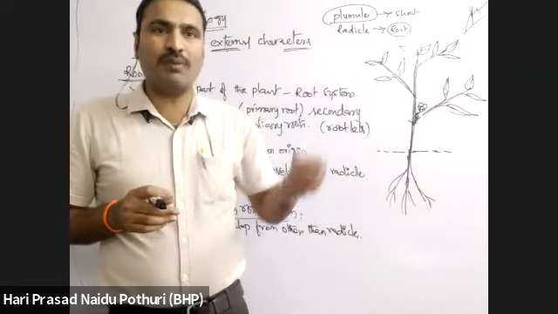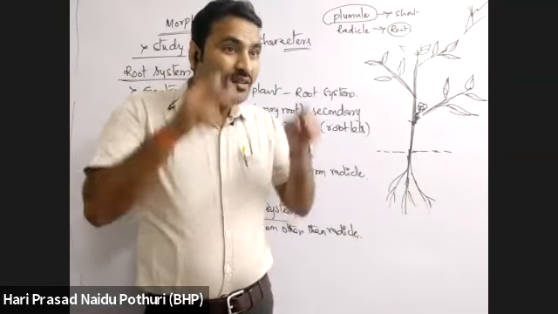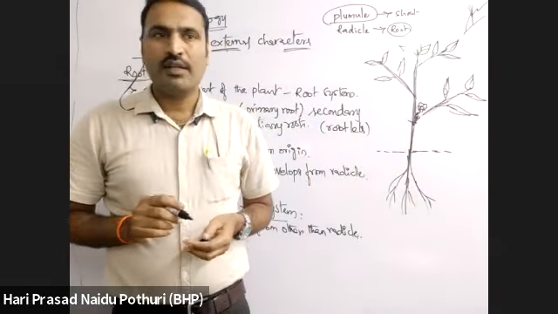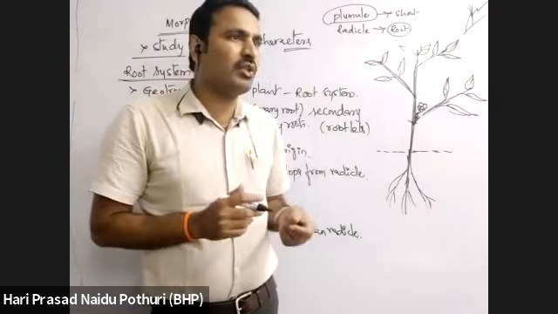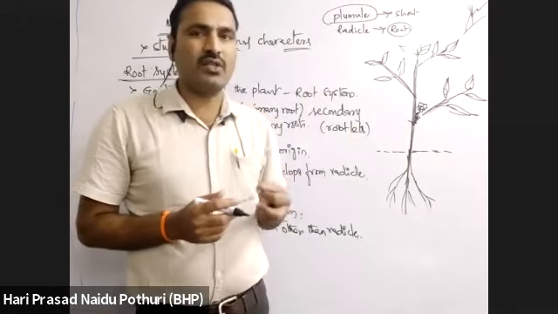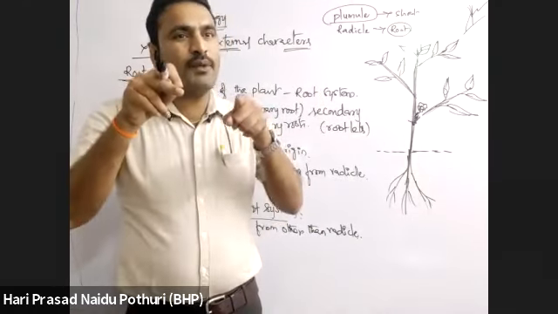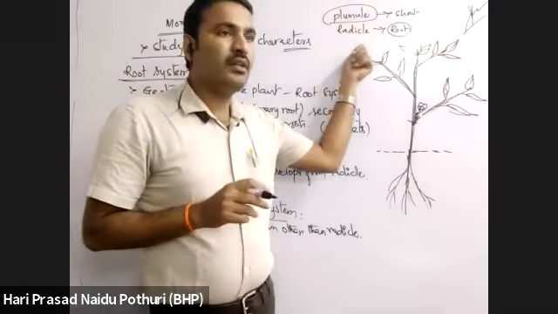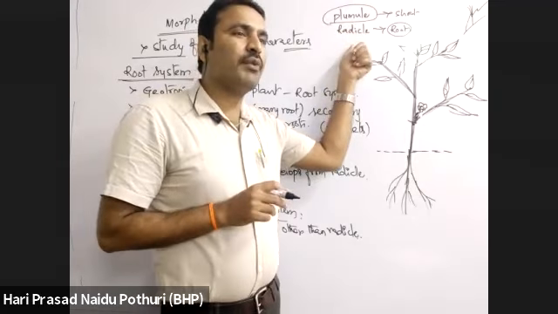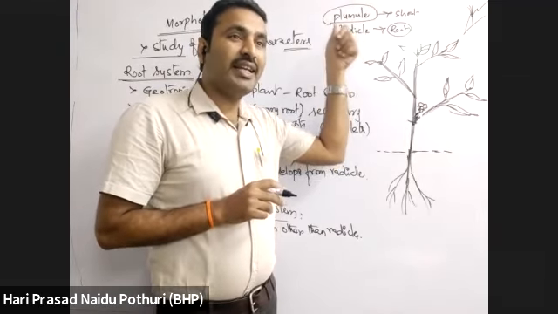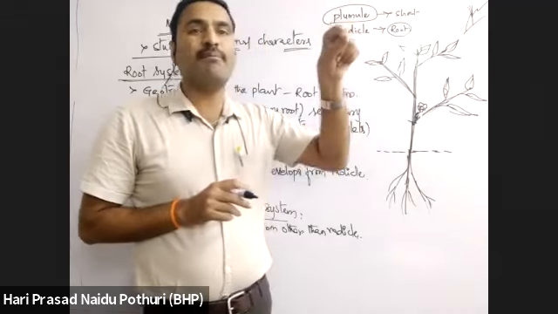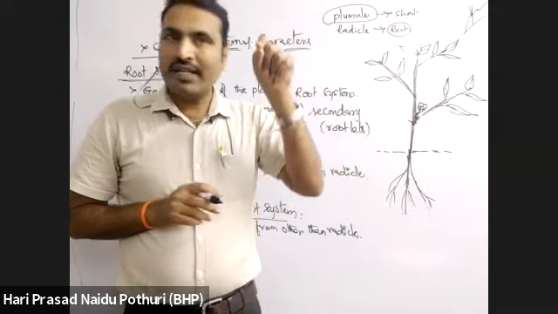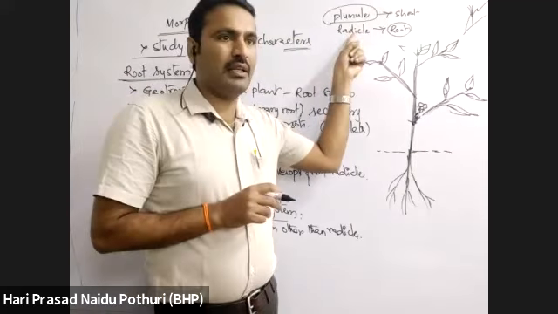They give support to the branch. Yes or no? That is the type of root which is called pillar root. In banyan, there is development of a root that becomes a pillar to the branch. That is developing from where? Is it developing directly from the radicle of the seed? No, it is not developing from the radicle of the seed. It is developing from the stem. It is developing from other than the radicle.